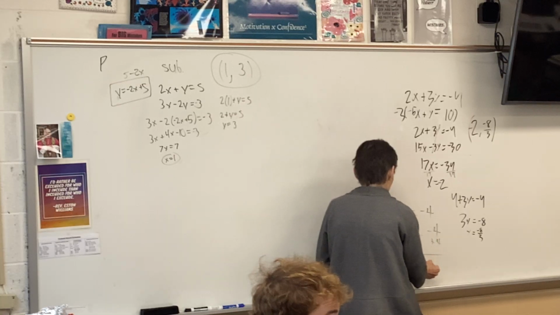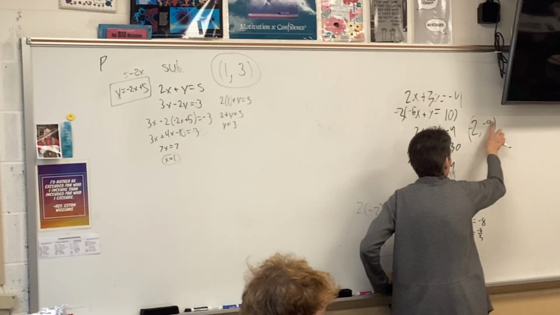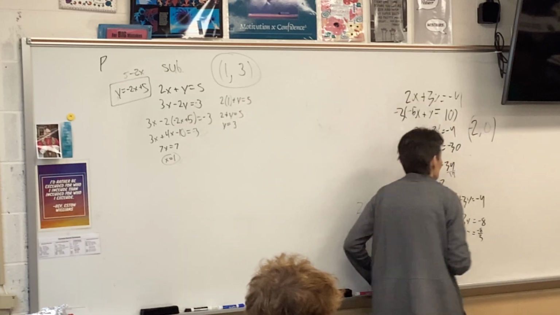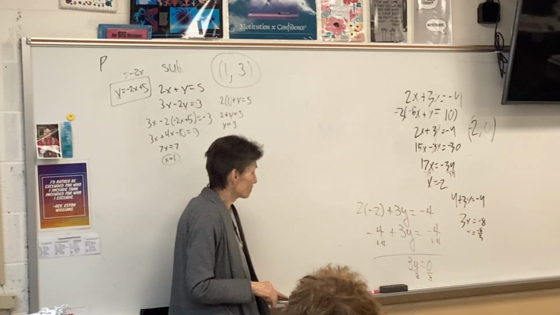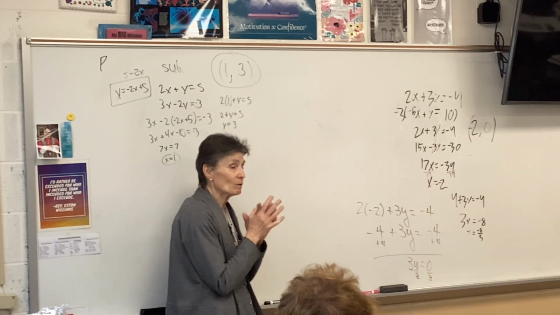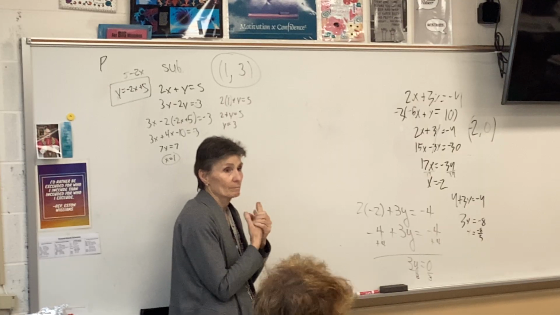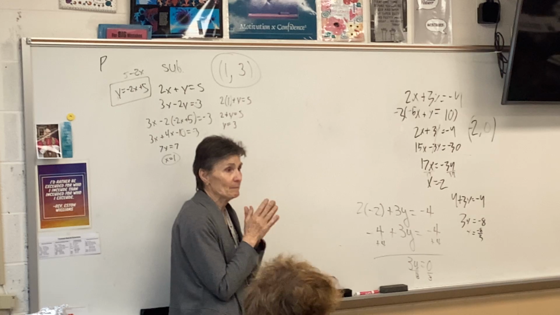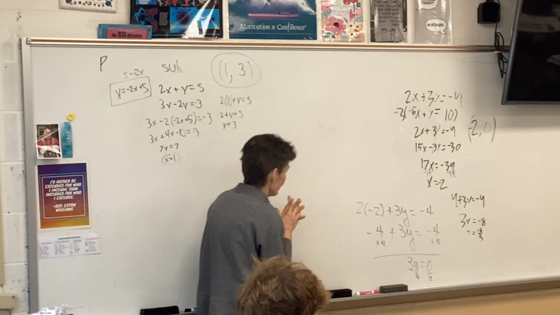I get y equals 0, that is exactly right. Y is 0. Okay? Is that all right with everybody? Anybody have a question about that? How many got that one right? Okay. Shoot, I'd like to have everybody.